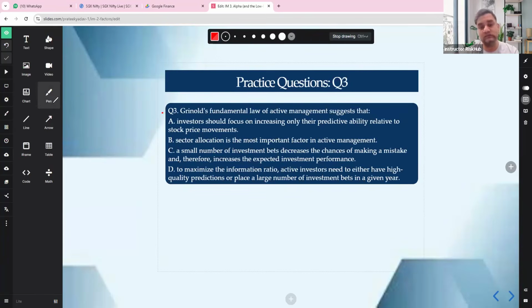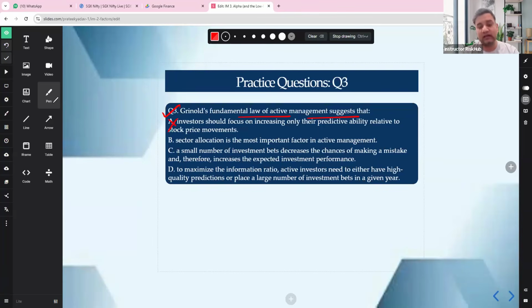All right, we move to the next part, right? Which is Grinold's fundamental law of active management suggests what, right? So let's look at the options. Option A, investors should focus on increasing only their predictive ability related to stock price movement. No, ignores the breadth, right? So goes away.